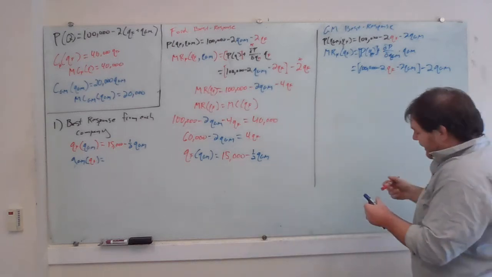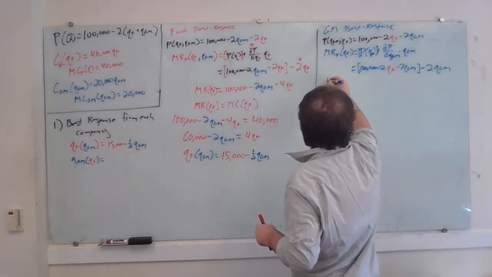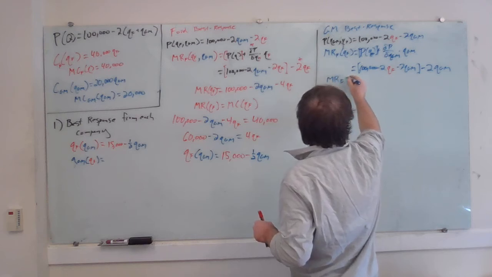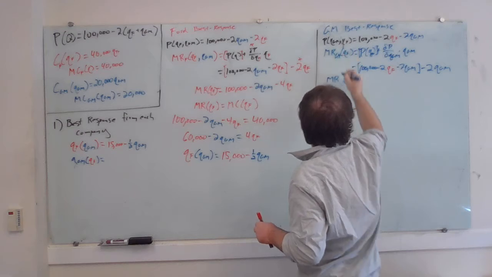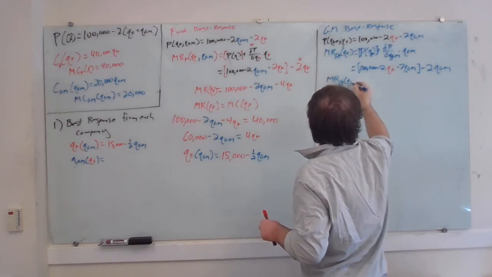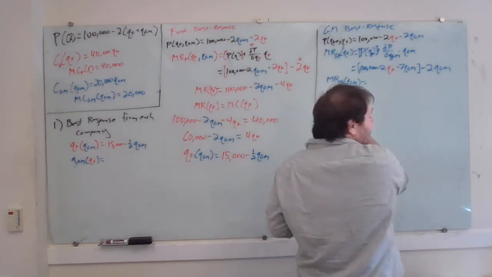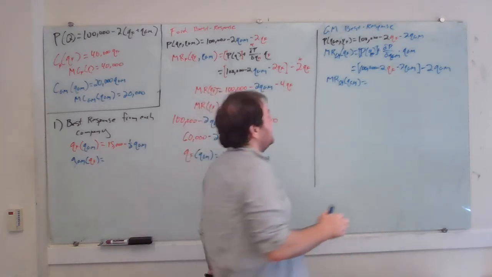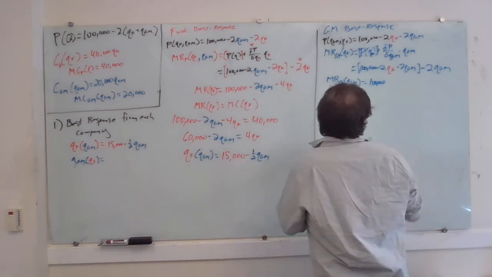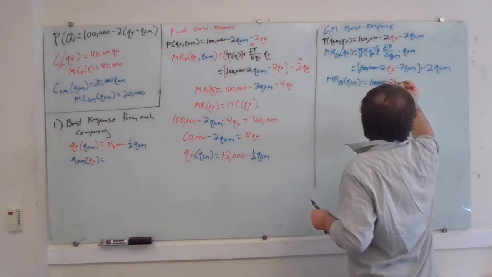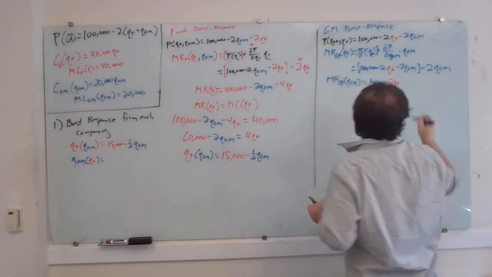So from here, we combine like terms. Our marginal revenue for GM, I'm so sorry, I don't know where my head's at today, our marginal revenue for GM is going to be 100,000 minus 2QF minus 4 QGM.